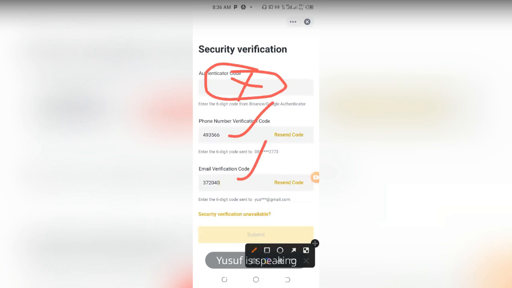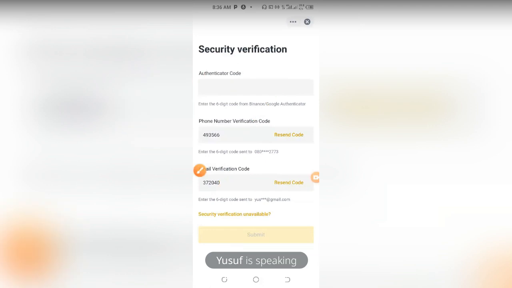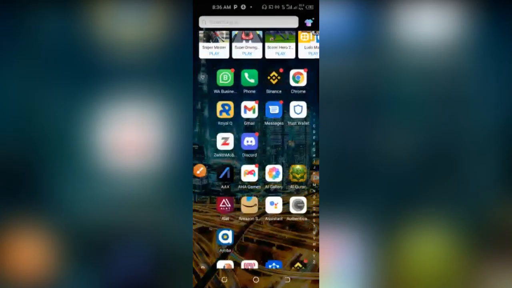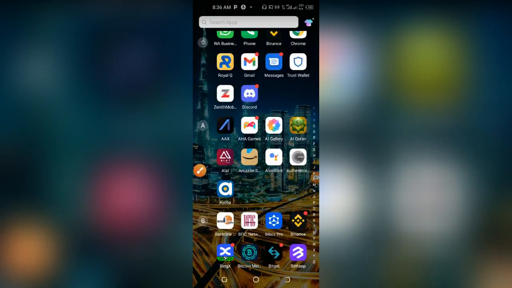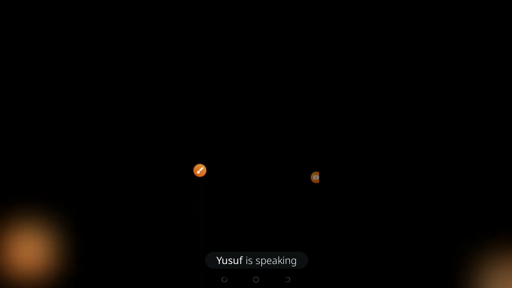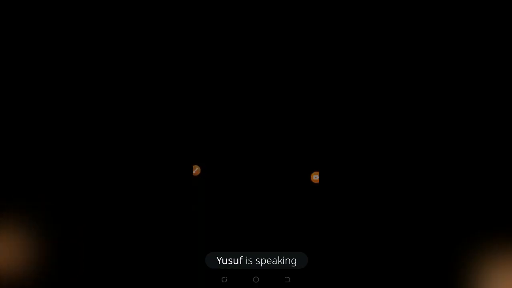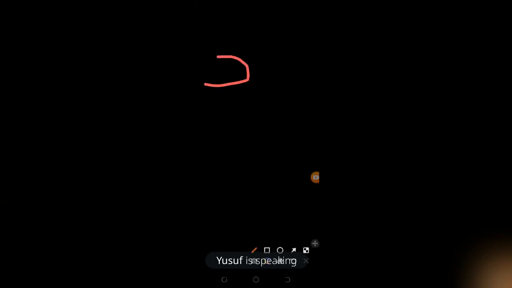And the third one now is for my Google Authenticator. Then I'll come to my Google Authenticator and search for which one it is. I have several authenticators I linked with my exchanges. So this first one is the one I use for Binance.